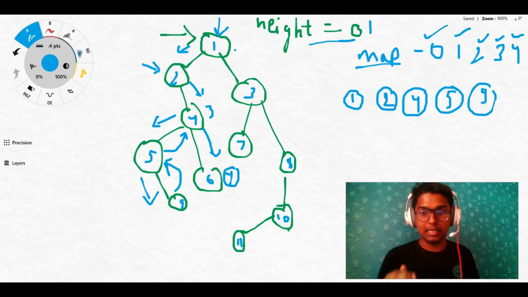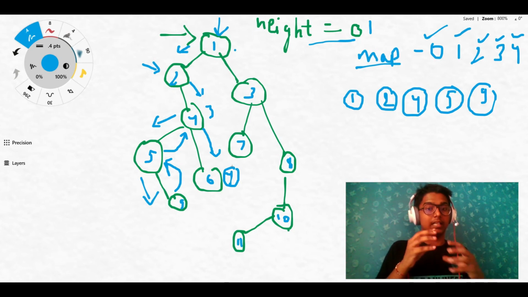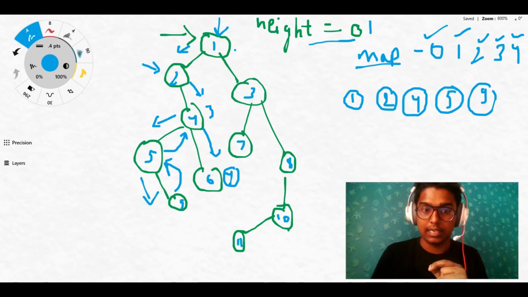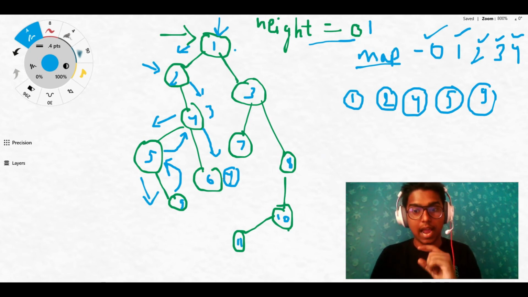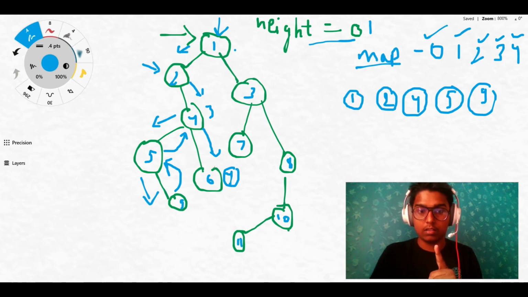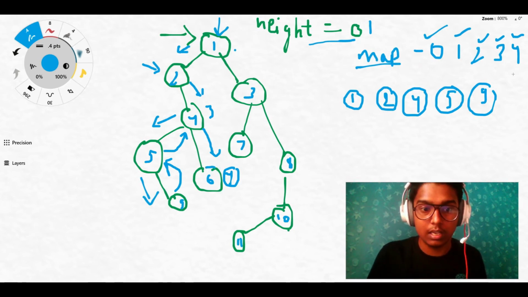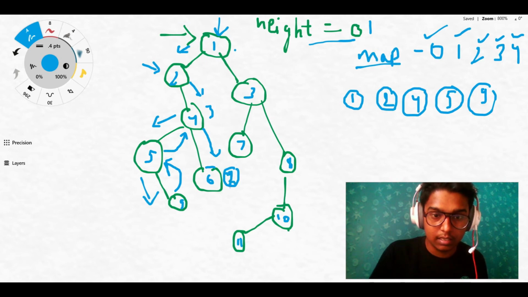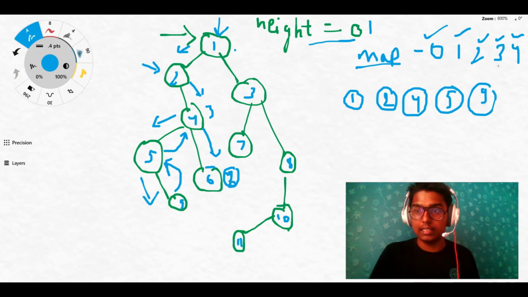But if it is already present in the map, then I will not print it. Sorry, its height is 3. I have already encountered height 3, so I will not print 6.